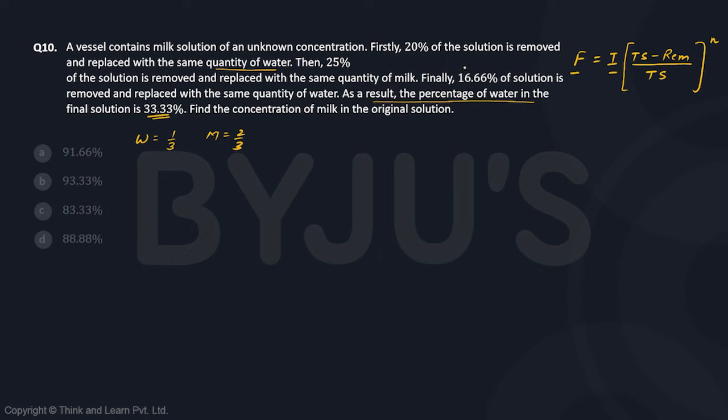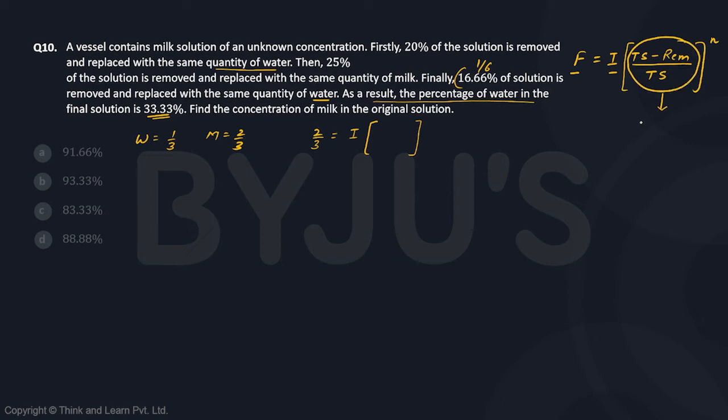Now in this step, 16.66 percent, that is 1/6 of the solution, is removed and replaced with water. So we are going to apply the formula on milk. The final fraction of milk, which is given as 2/3, is equal to the initial fraction of milk, that means before this step, multiplied by, in brackets, total solution minus removed upon total.